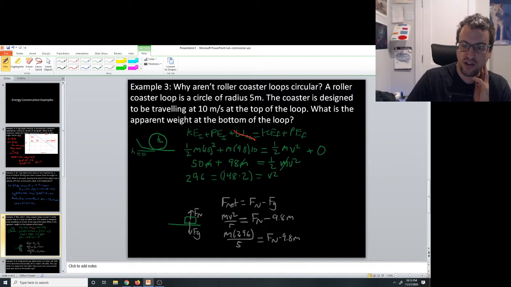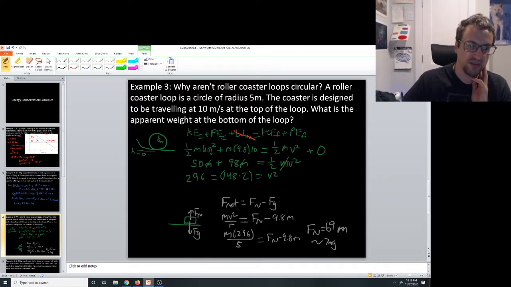I do this, and it comes out that Fn is about 69 m, which is approximately 7 g's, or 7 times the force of gravity, 7 mg. It's not good. 7 times the force of gravity is enough to make people pass out. Not everybody, but definitely some people will pass out on this.